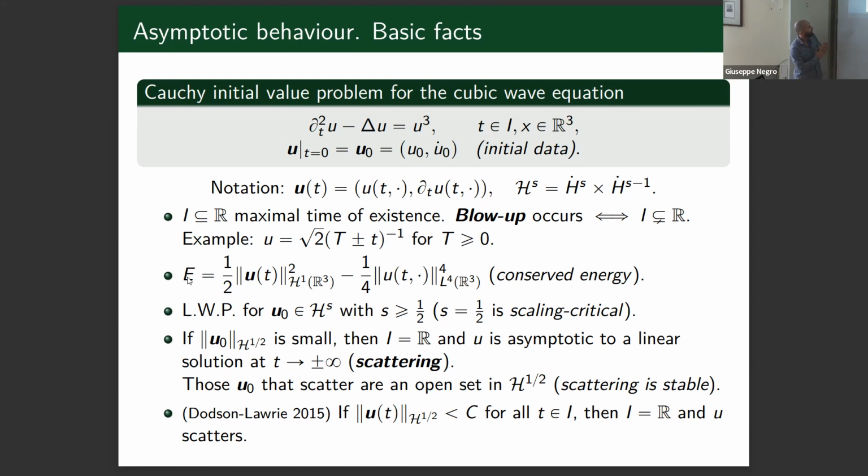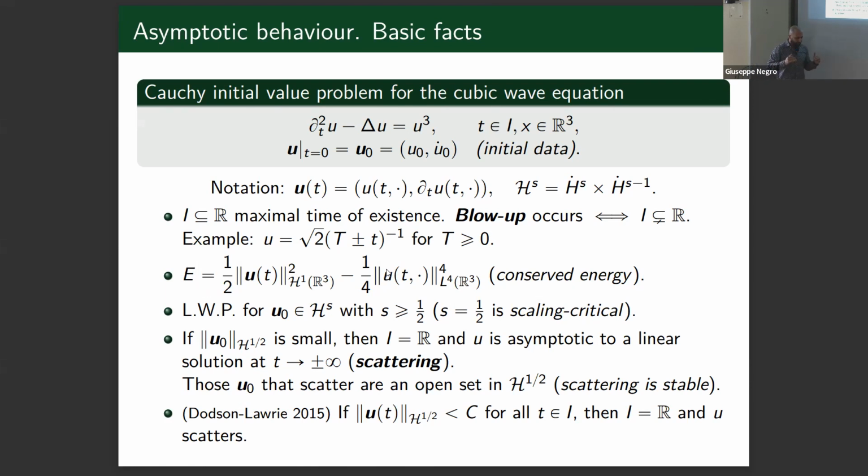It's a finite number. And this, if you stare at this long enough, you realize that this is the reason why this equation has blow-up solutions. Because you see here, you have a conserved quantity that is the difference of two positive quantities.